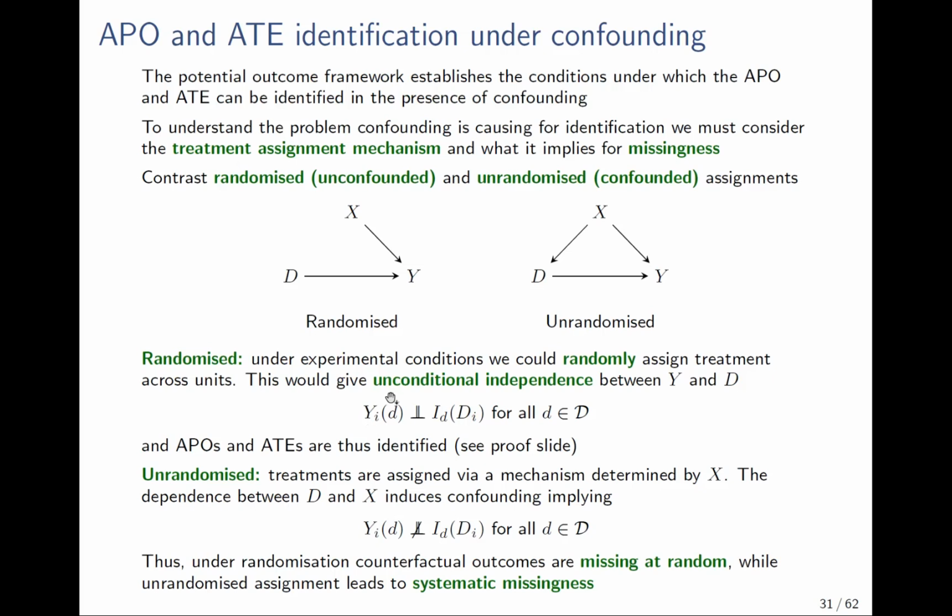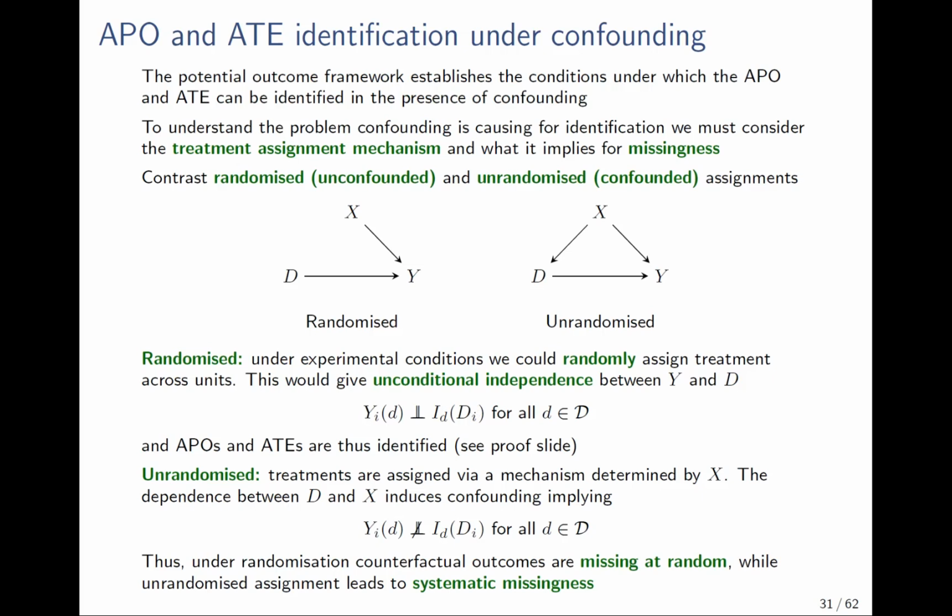So this says that the potential outcomes at level D are independent of assignment to level D for all doses that we might want to consider. So what does this mean? This is saying that the potential outcome is independent in the way that I've just said of the way the treatment has been assigned, or in other words, the potential outcomes are independent of the assignment mechanism that produces the value of D rather than some other value.